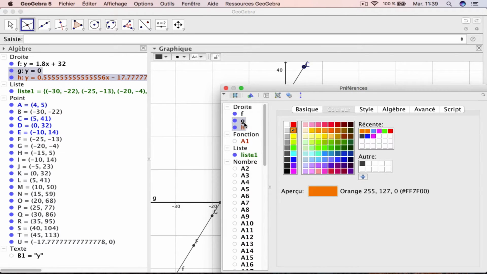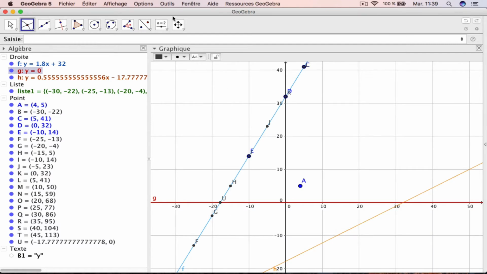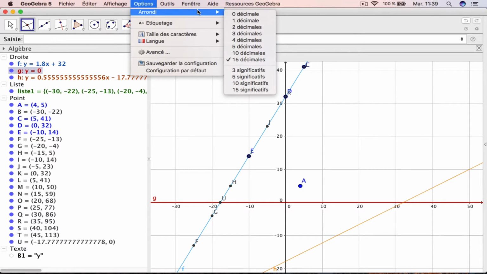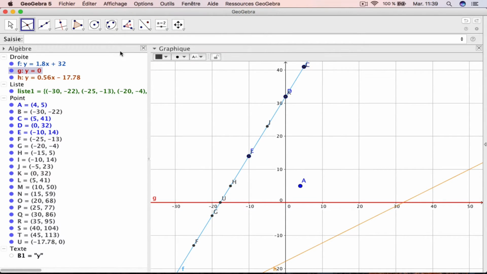Use this, and for this let's use that color, and for this let's use this. Let's go back to 2-point digits. That's largely enough.